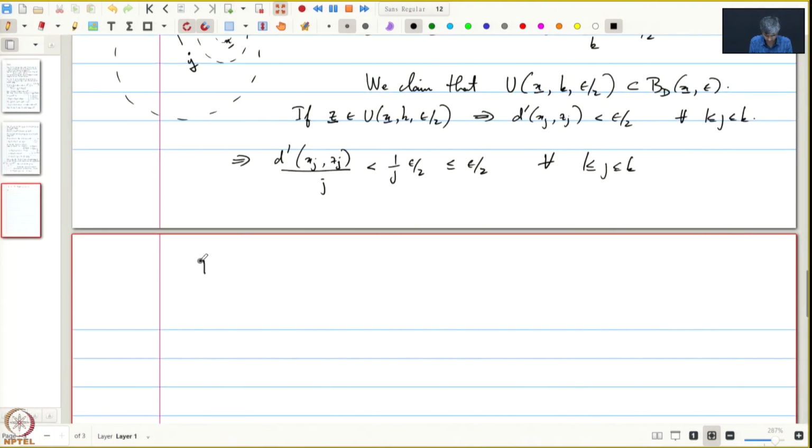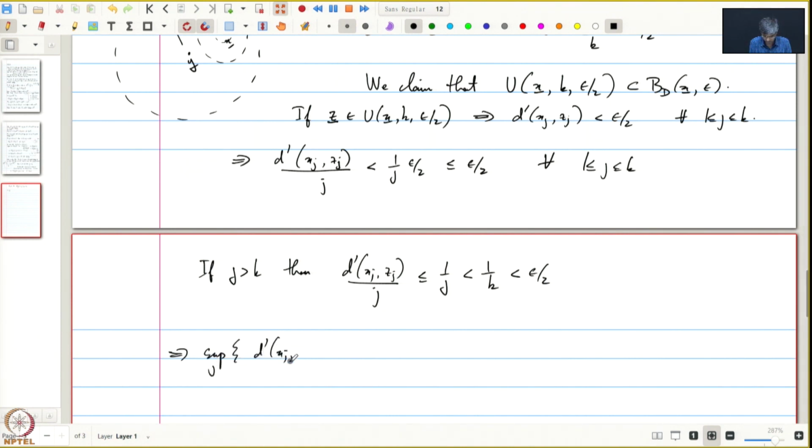Now on the other hand, if j is strictly greater than k, then d prime xj comma zj by j is less than or equal to 1 upon j, because d prime is bounded by 1, which is less than 1 upon k, which is strictly less than epsilon by 2. So when we take the supremum over j of d prime xj comma zj by j, this is equal to the distance of x bar from z bar.